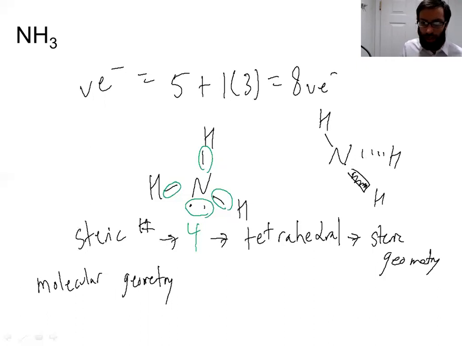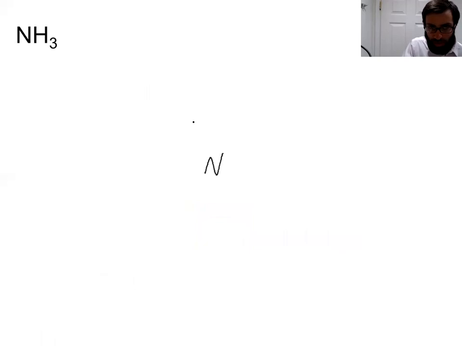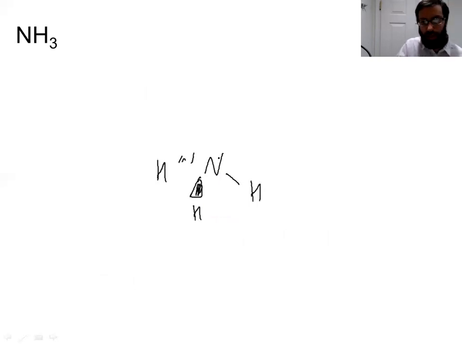Actually, I didn't draw that the best way. Let me erase that. You have sort of a tripod. Here we go. Tripod type molecule. Okay, so you have a lone pair up here, but really this is a tripod.